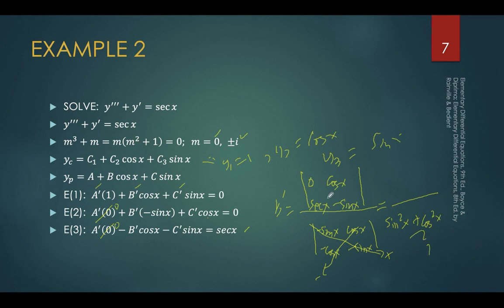Okay, in the numerator, we have negative sine, this is 0. Okay, that will be 0. Minus cosine x times secant x. Secant x is 1 over cosine x, so this will cancel out. So giving you only your b prime.